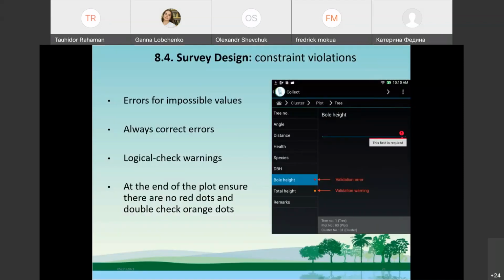If we put a bole height higher than the total height, it will not accept, and it will give us a warning that bole height cannot be higher than total height. Similarly, if we want to measure the azimuth and we enter 365, it will tell us that this cannot be 365. So this is how it helps us avoid those mistakes in the field.